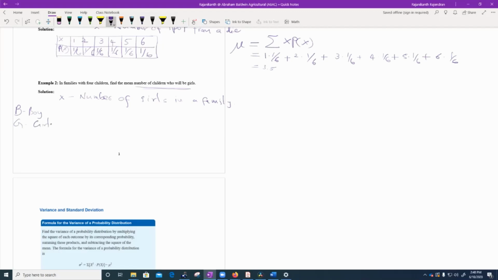So I'm writing all the possibilities. Remember, you need to have 16 possibilities because you have a four children family. So each event has two possibilities, either boy or girl. Therefore, four children means two times two times two times two, which is 16.